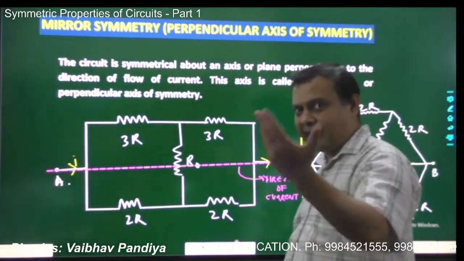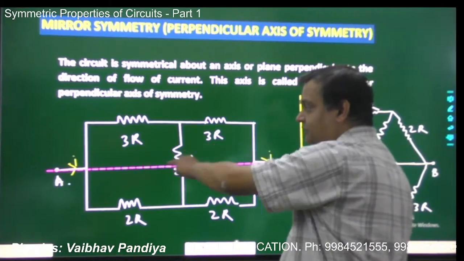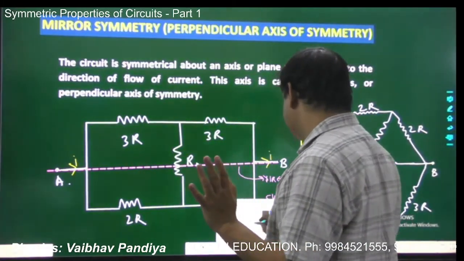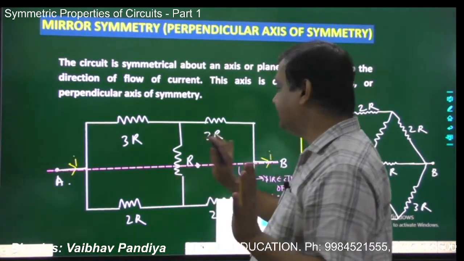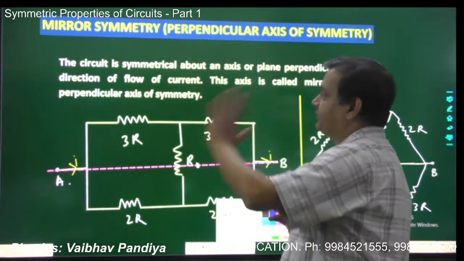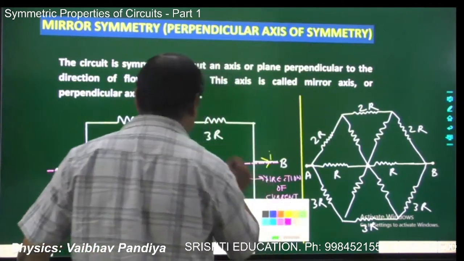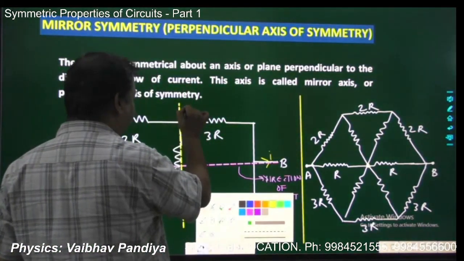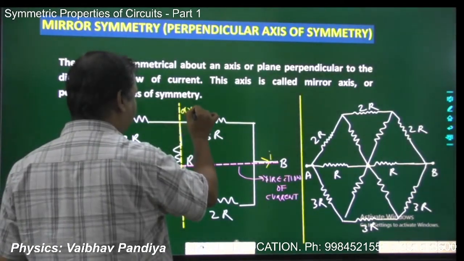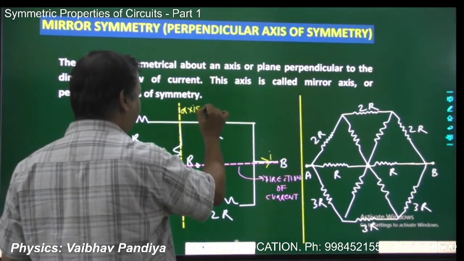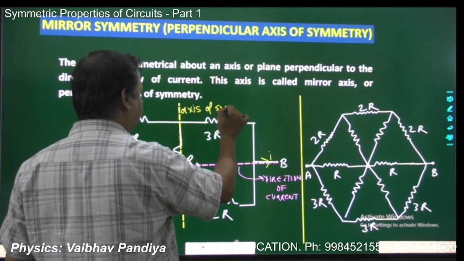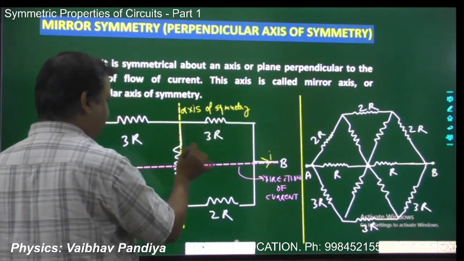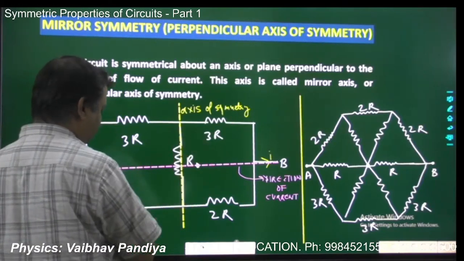You must be able to locate an axis of symmetry perpendicular to this pink colored line, then only the circuit can be said to have a mirror symmetry. So you can see, if we make a vertical line like this, then this vertical line can be said to be an axis of symmetry because it is dividing your circuit in two mirror images, 3R, 3R, 2R, 2R.